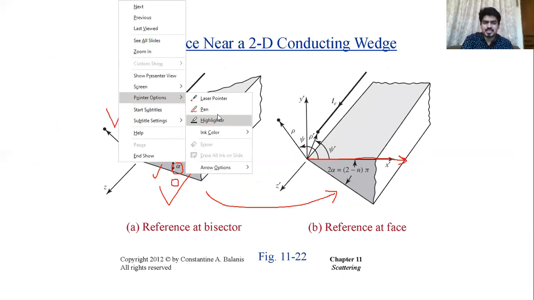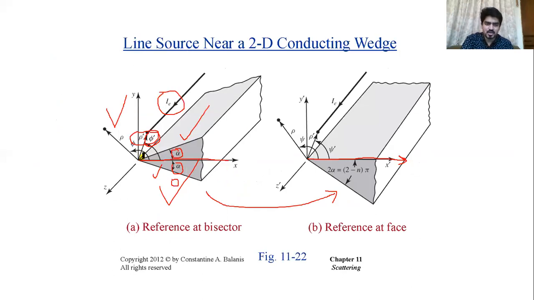So what I was saying is we have two surfaces where the total electric field should vanish. That is at phi equals alpha, this surface, and the other one is when you have 2 pi minus alpha, this particular surface.